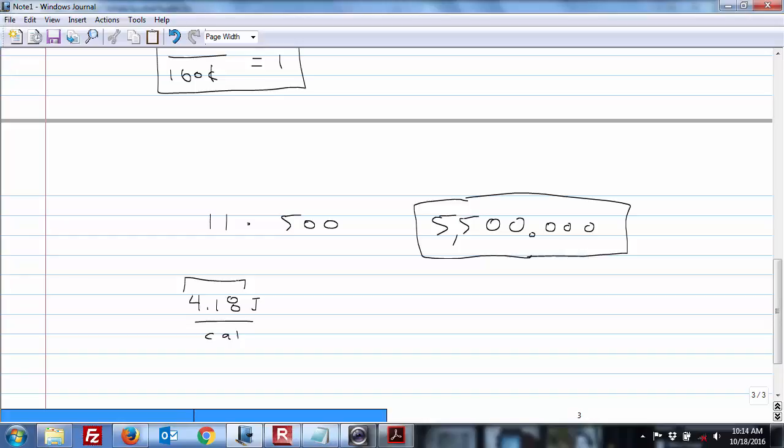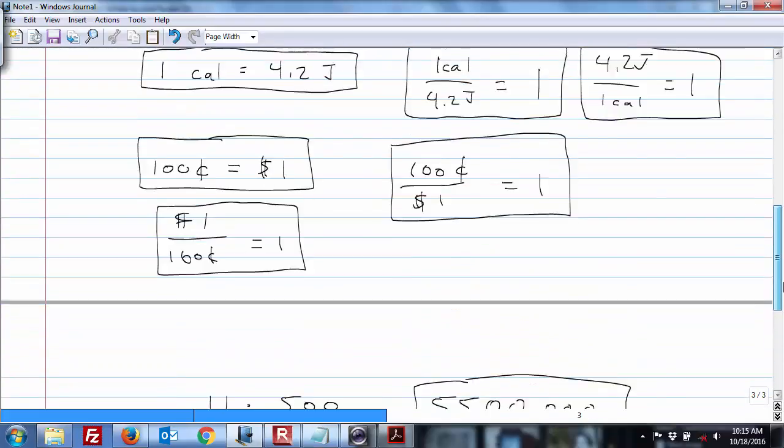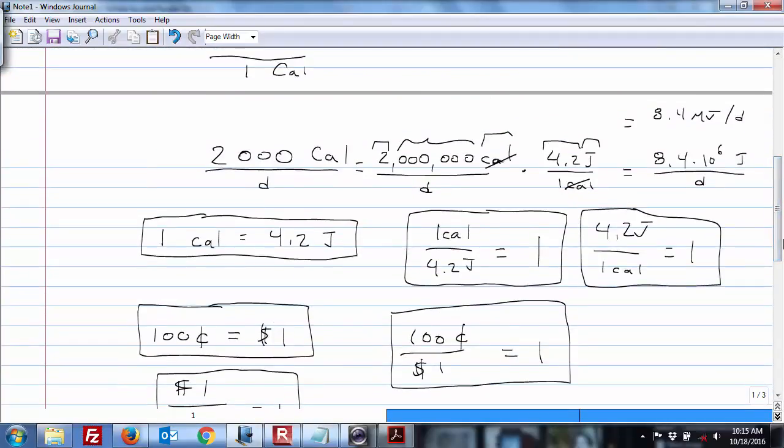I think part of that too would be how exact the numbers for your input are, because your 2,000 calories is not an exact number. You guess at it to start, it's about 2,000 calories. But when you see what a calorie is equal to in another unit, that number is exact.